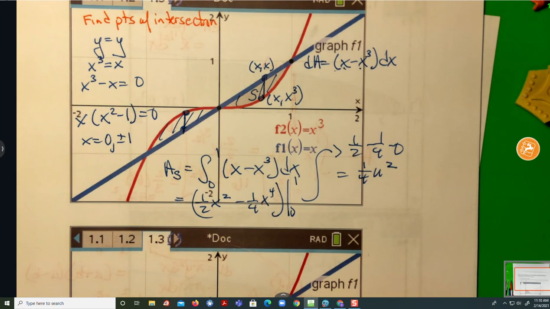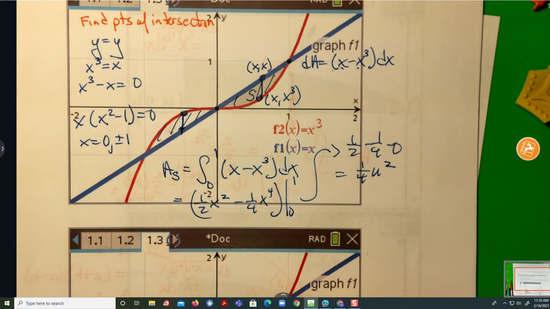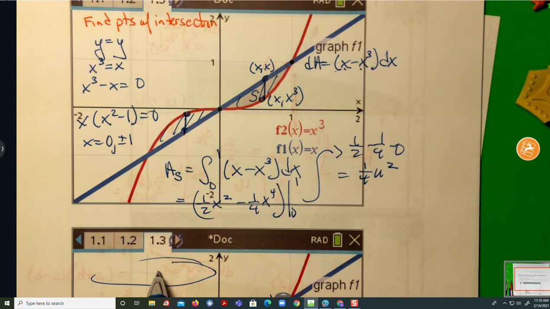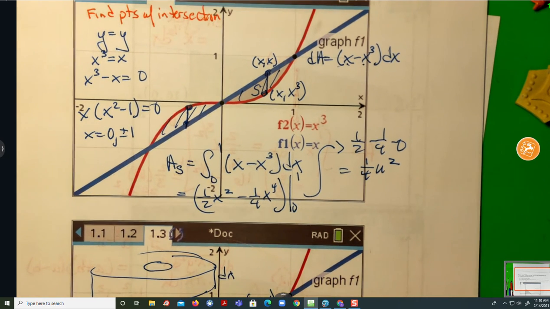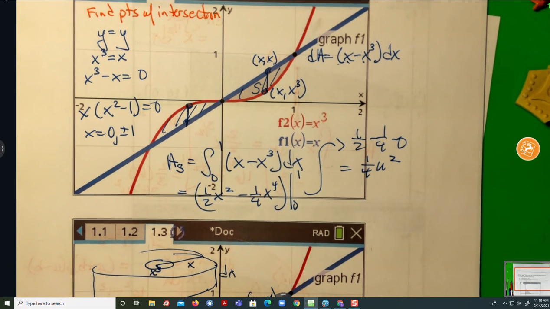If you really think about this, when you pull this sample point out, this is a y1, this is the same x value, different y value. You have a cylinder where you've taken a cylinder out. This big radius is x, this little radius is x cubed.